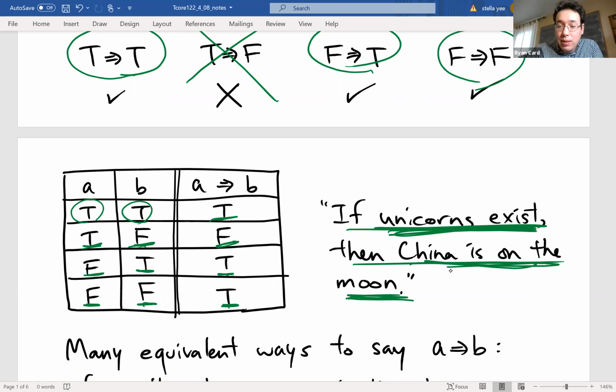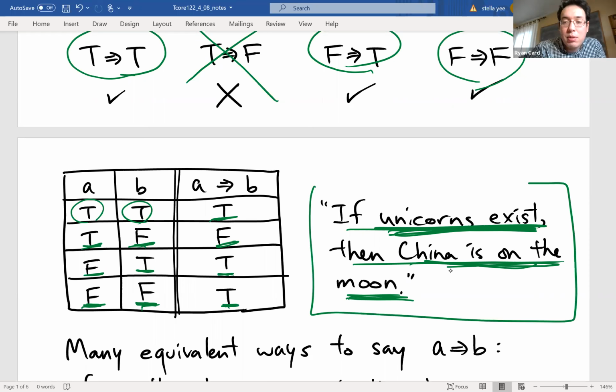That's definitely false. But false pointing towards a false statement in the implication is considered a true statement. So even though it sounds absolutely bizarre, the conditional statement, if unicorns exist, then China is on the moon, is considered a true statement.